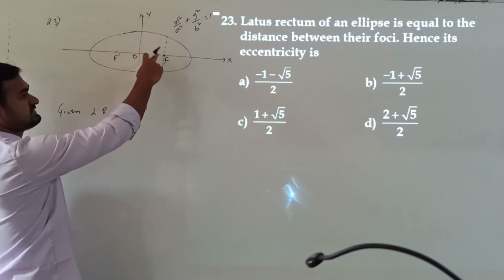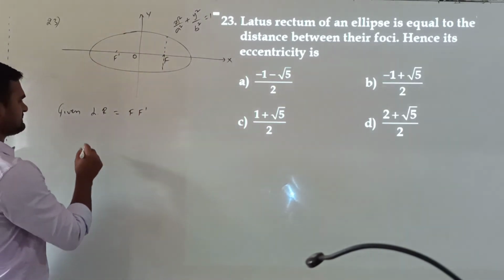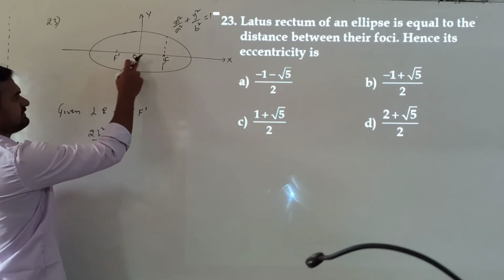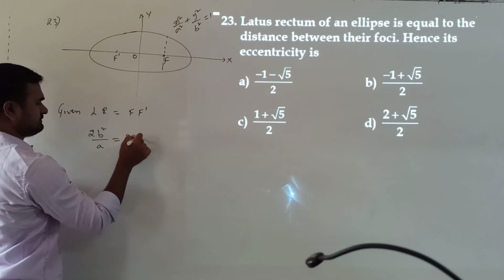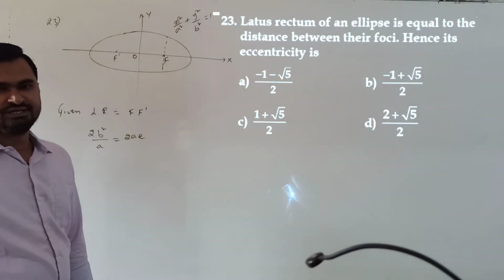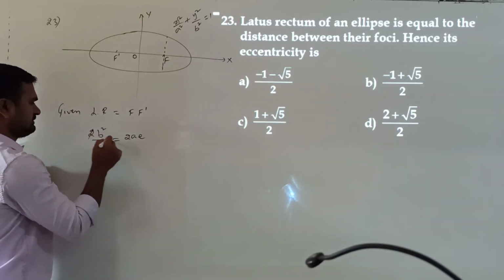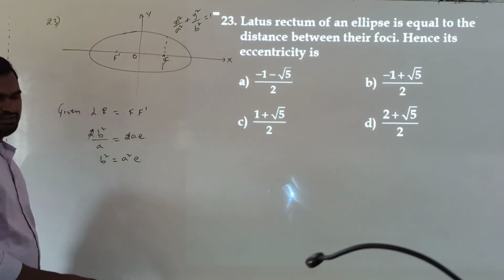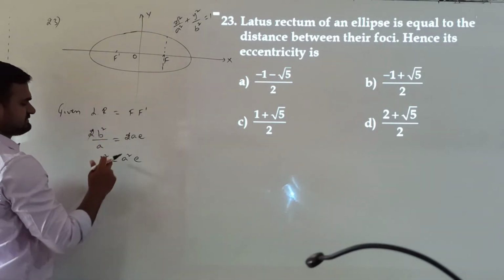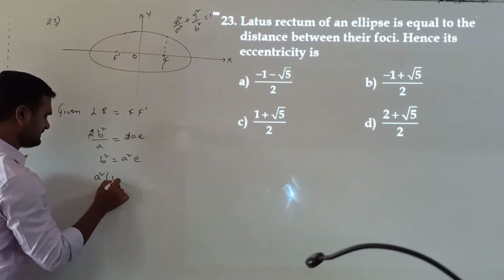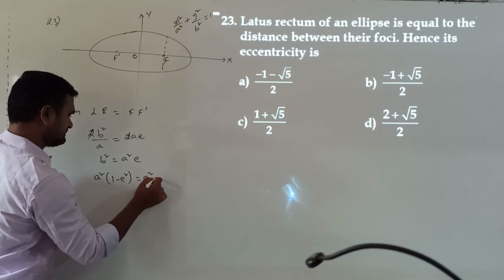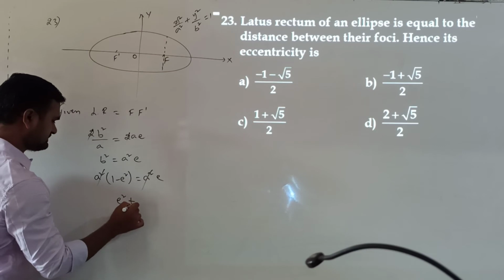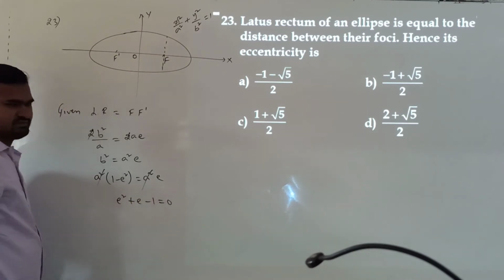Now in case of an ellipse in this standard form, what is the length of the latus rectum? We know it is 2b square by a. The distance between the foci is 2ae. So the 2 cancels, and b square equals a square into e. And for this form of ellipse, what is b square? We know b square is a square into 1 minus e square, so a square equals a square e. So a square cancels. Rearranging, e square plus e minus 1 will be 0.